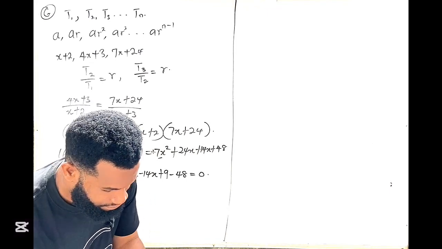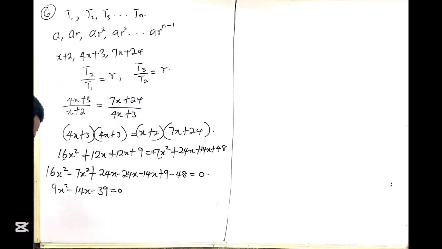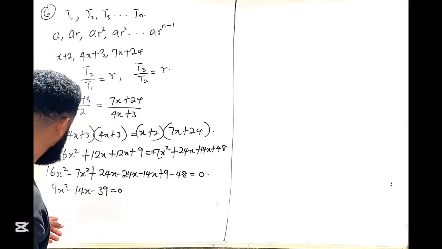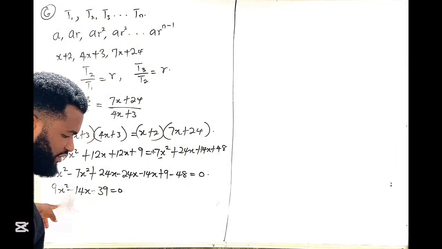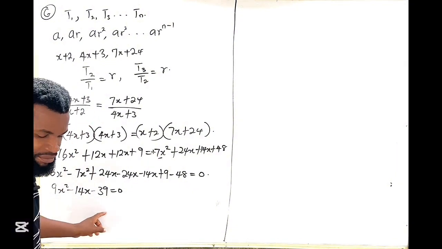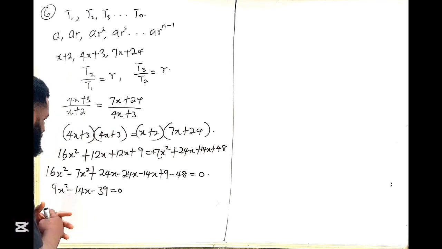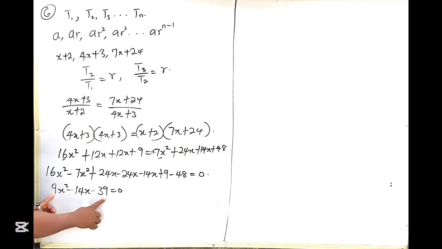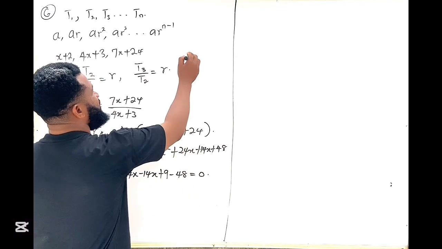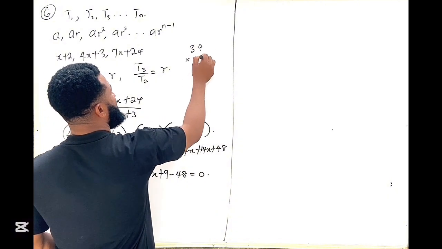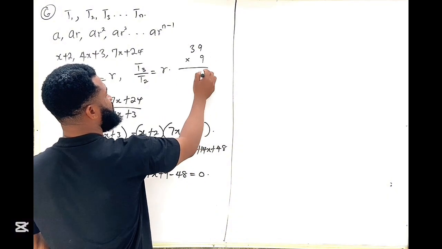So at this point, I am going to handle this aspect. What I'm going to do first is, how do I simplify this? I will first say 9 times 39. 9 times 9 is going to be 81.